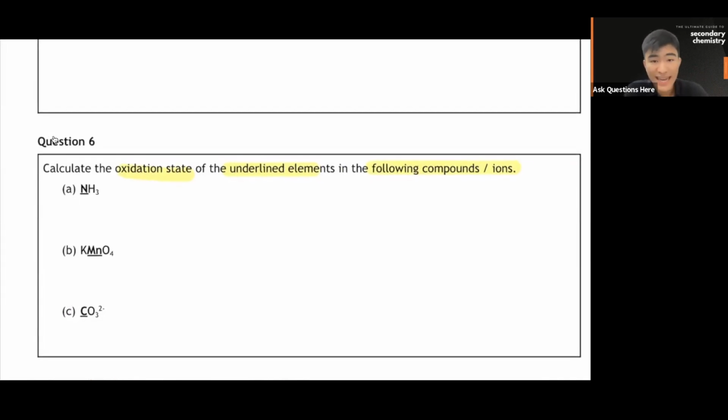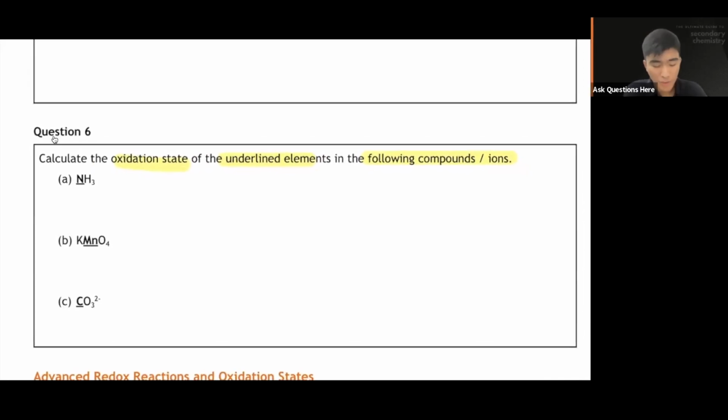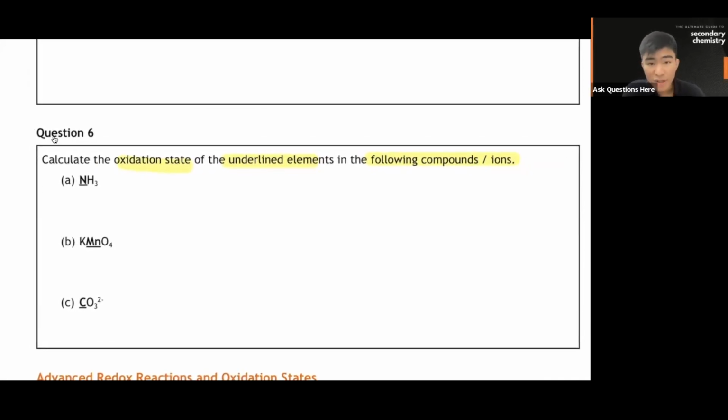Now, part A, we are looking at NH3. So NH3 is ammonia. And what rule am I going to apply over here? I'm going to apply the rule that the sum of the oxidation states of all the elements will equal 0.